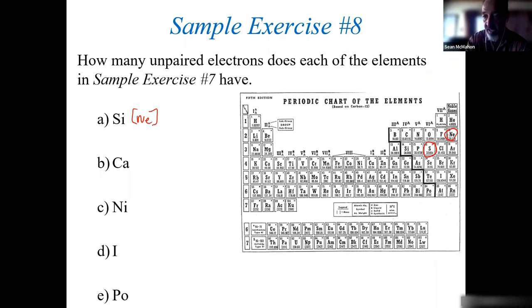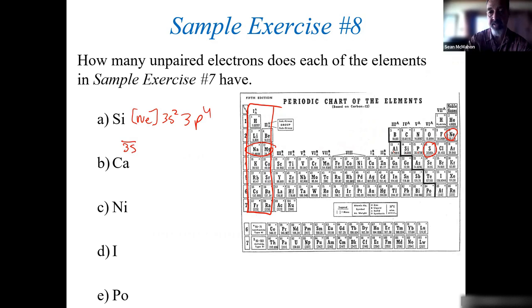So we're not worried about the core, but then we go 3s2, 1, 2, and then 3p, 1, 2, 3, 4, 3p4. Okay. But when we're doing orbital diagrams, 2 electrons per orbital. In the s block, 2 electrons go in. 2 electrons divided by 2 electrons means there's only one 3s orbital.